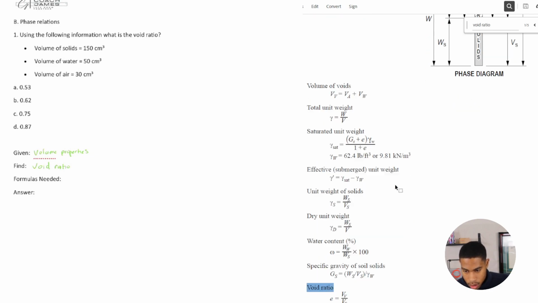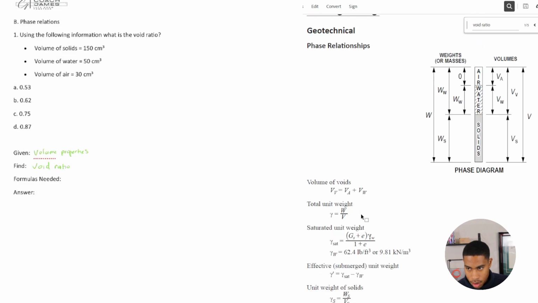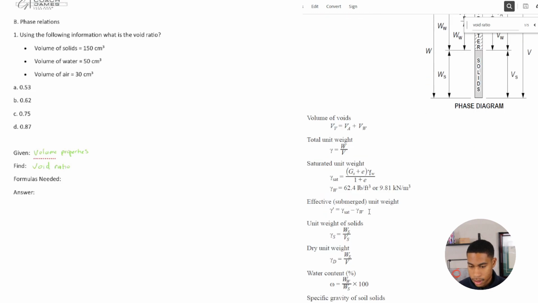And so volume of voids over volume, VS stands for volume of solids. So VS is for solids. VW, this diagram helps too. VW, volume of water. VA is volume of air. Okay, so just some things to note.